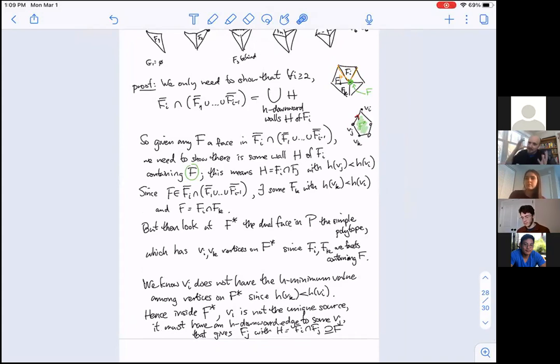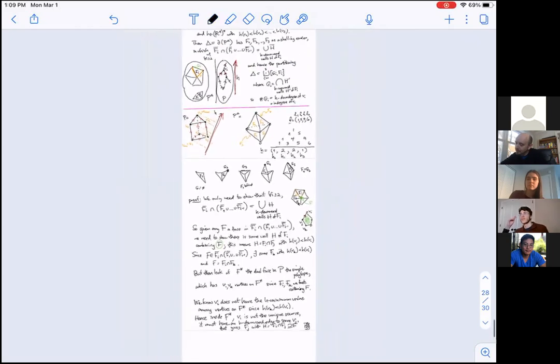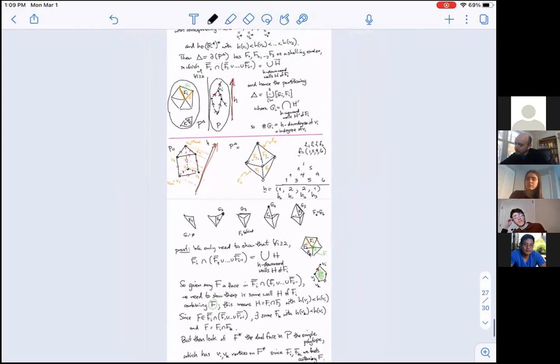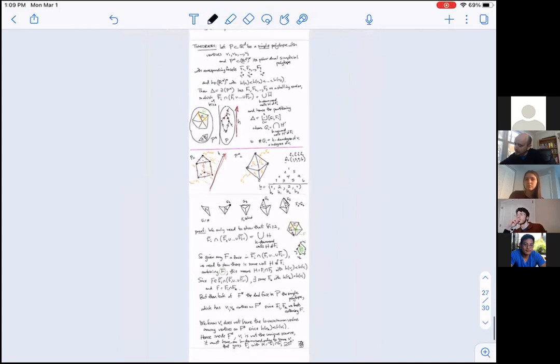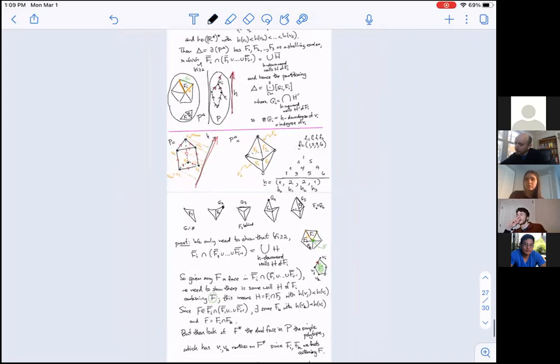You have to keep dualizing in the picture to see this. That's it. Sorry, this is one of these things where I can't even get the whole thing on one page now without making it tiny.